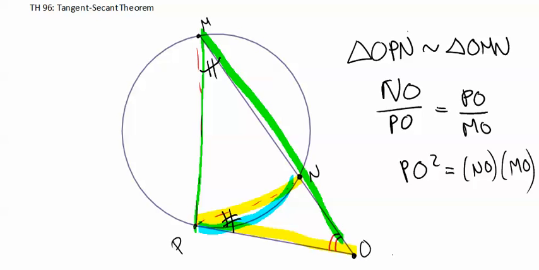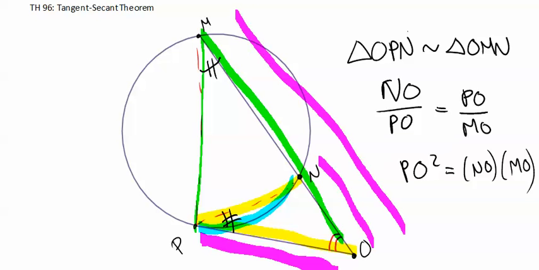And if you look at that as a diagram and you're trying to figure out what that actually is, you take the tangent line and square it, and that equals the product of ON times MO.